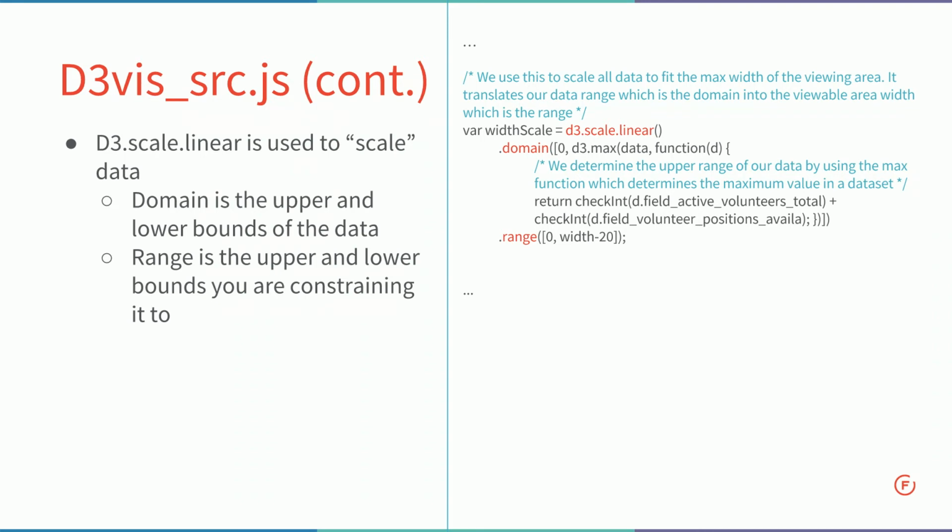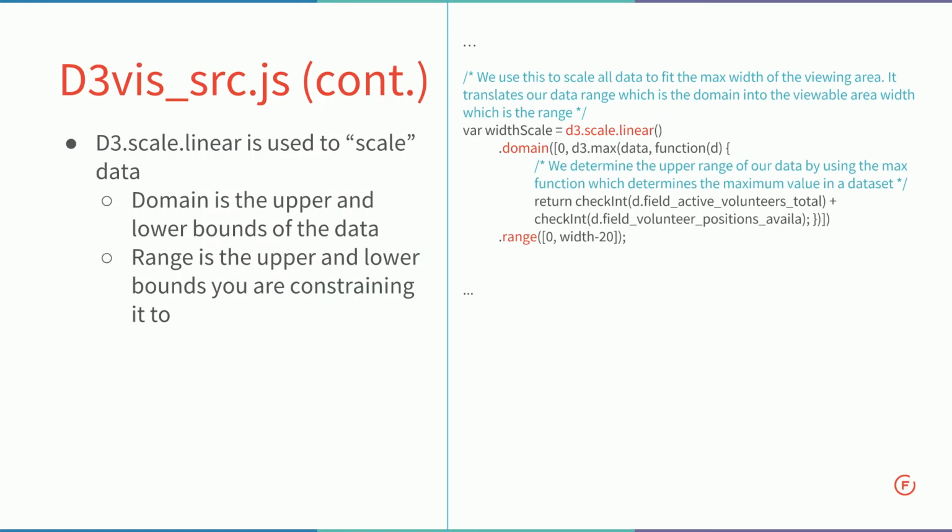And there's all kinds of gradients in between that. You could do all kinds of fun math where you say, let's iterate over each one and find the biggest one, and then figure out how many pixels that would have to take up to fill up the entire thing and scale all of our data from there. Well, there's an out-of-the-box function called scale linear, which helps us do all of that really easily.